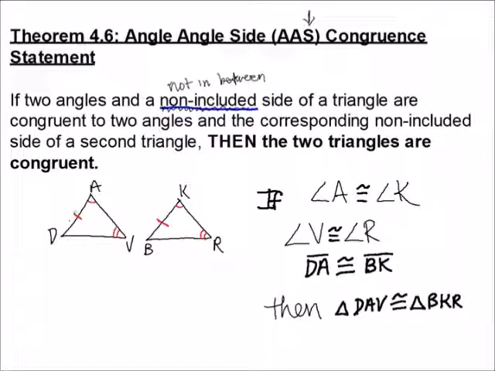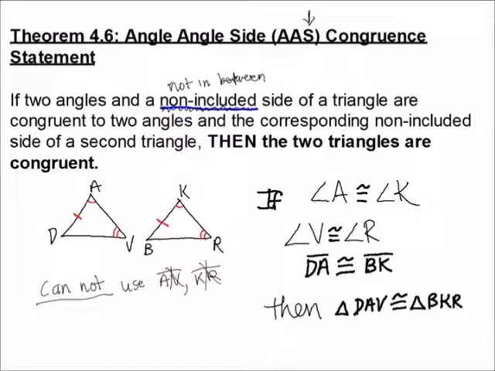So if DA and BK, or you could have used DV and BR, but let's put here cannot use sides AV and KR. You cannot use those because that will be in between your two angles. Then DAV is congruent to BKR.